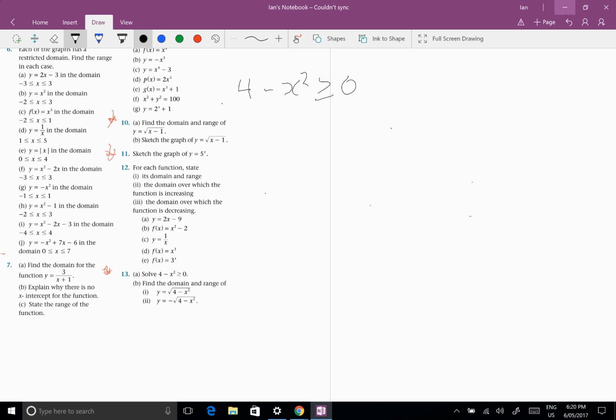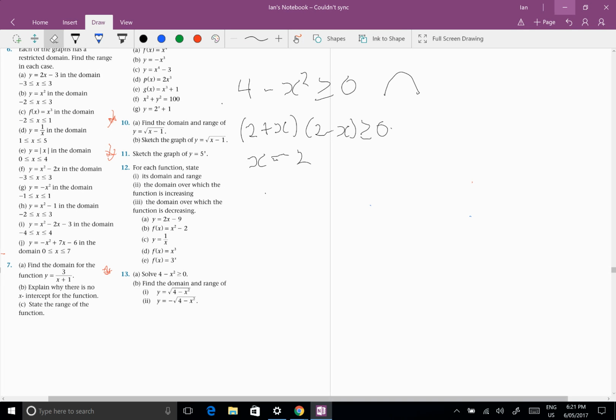Well, that's a negative parabola because the x squared has a negative, so it's like that. And 4 minus x squared, well, that's 2 plus x, 2 minus x, difference of 2 squares, which gives me x equals -2 and x equals 2. So there are the roots.